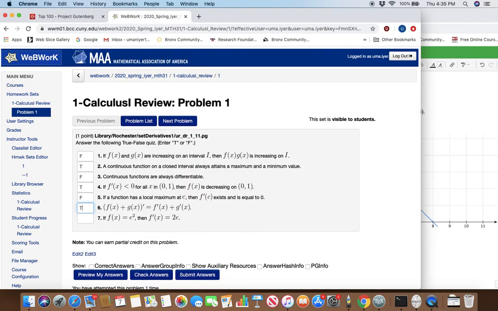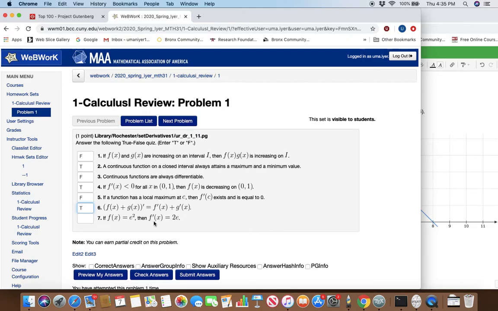Okay, this is true. If f(x) is e squared, then f prime(x) is 2 times e. That is not true. This is false. x is the independent variable for this function f. So what does f prime mean?